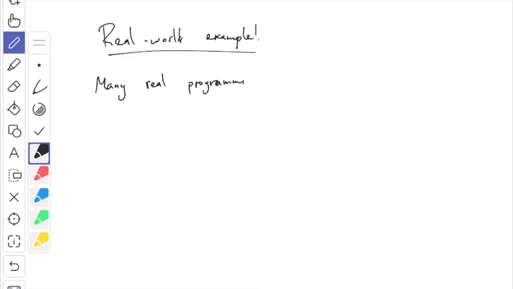Many real programming languages have meaningful indentation. What I mean by that is that when you indent stuff, that actually means something in the code. This is true of Python. It's true of Haskell. It's not true in Java.